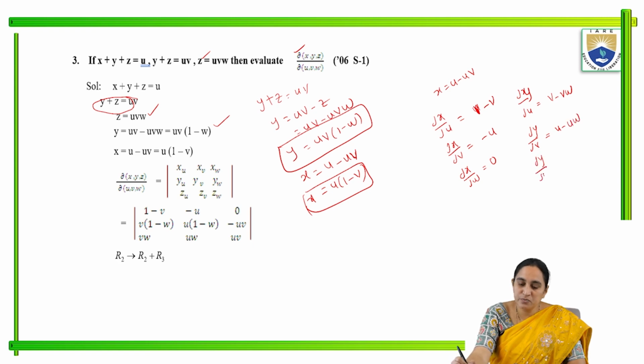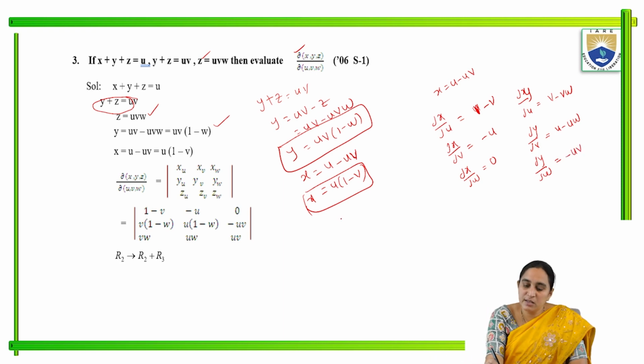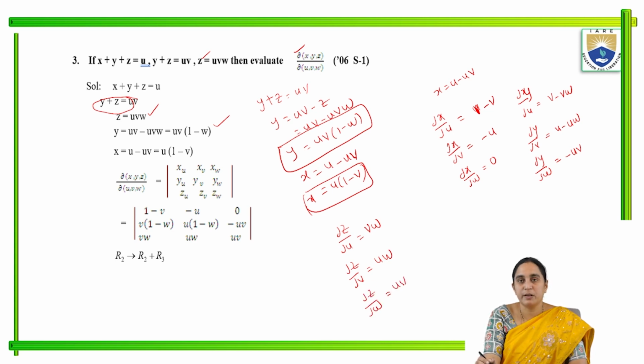And y differentiation with respect to w is minus uv. And similarly, z differentiation with respect to u. z is equal to uvw, that means vw. z differentiation with respect to v is uw. Next, z differentiation with respect to w is uv. Okay, these are the x, y, z differentiations with respect to u, v, w.